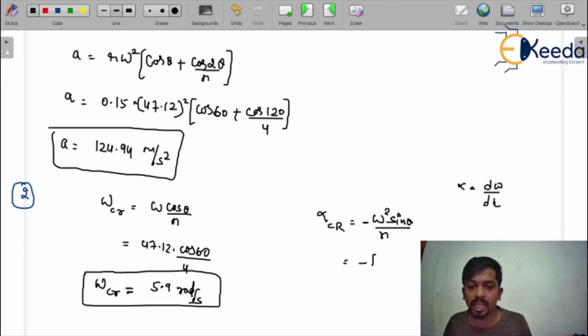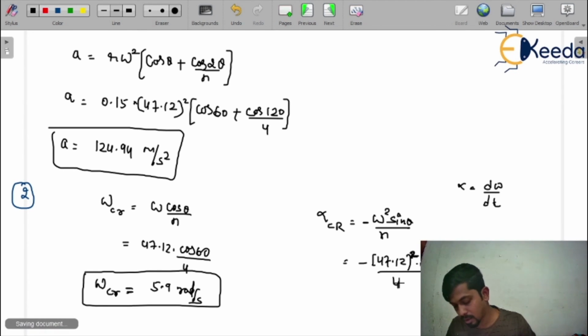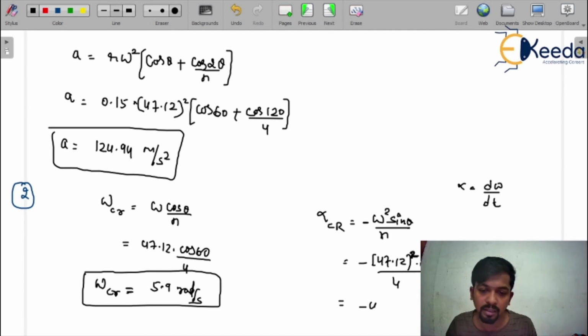So minus omega square, where omega is 47.12, square, sin 60 upon 4. Now using a calculator you can solve these equations, and the answer you are going to get is 480.7.